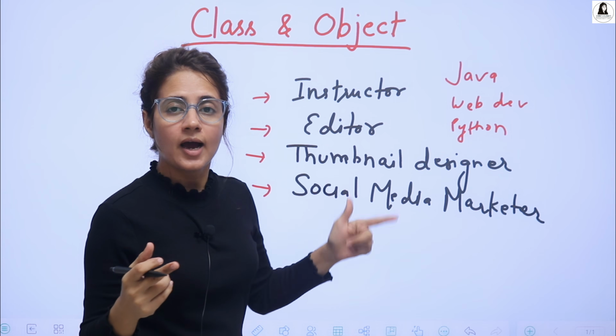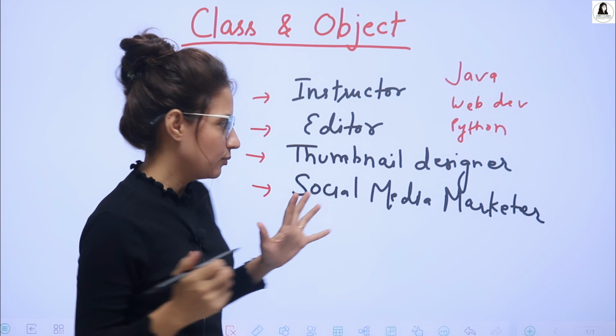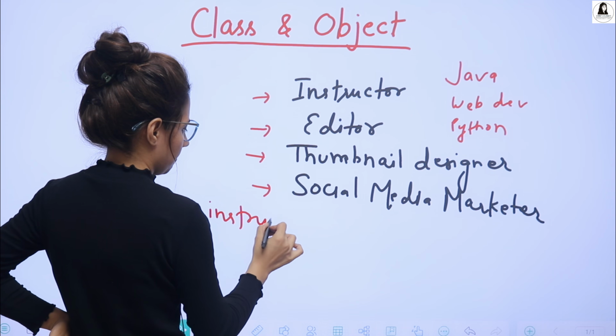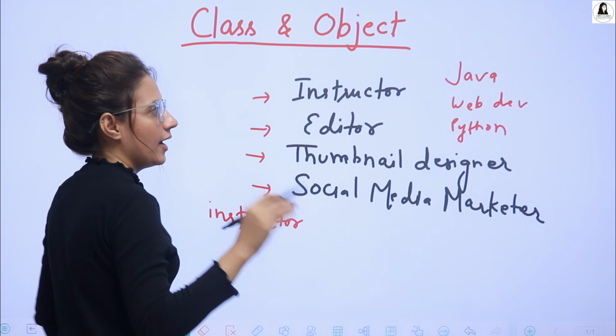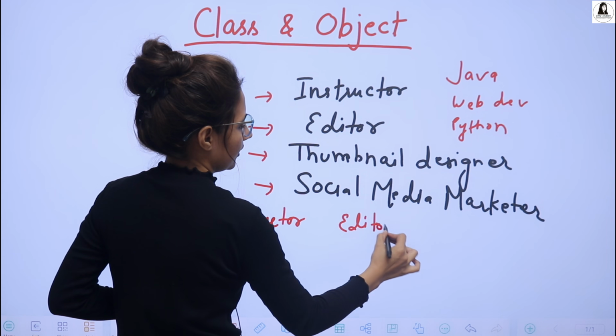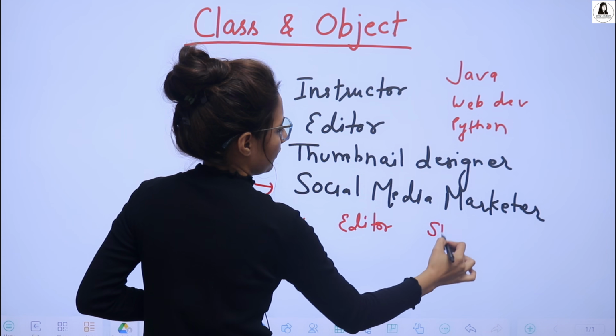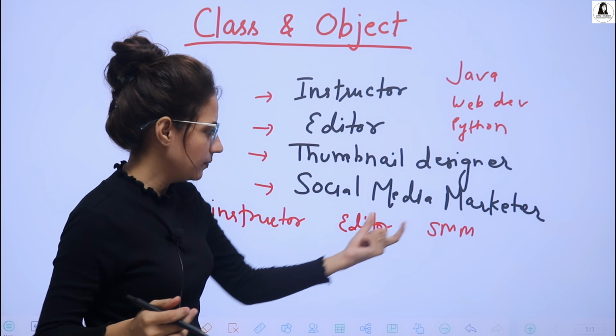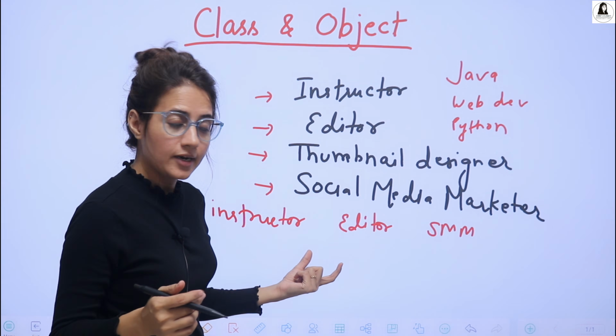So what I can do is hire instructors. Suppose one instructor for Java. Now I have hired one instructor, and maybe I have hired one editor and a social media marketer, where the editor is going to edit my videos as well as design my thumbnails. So I have hired 3 persons.